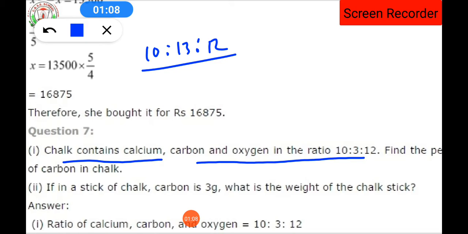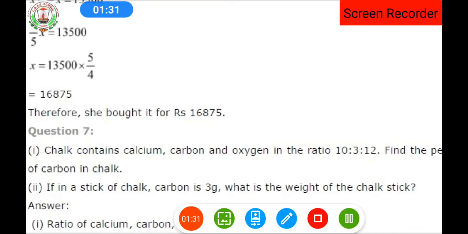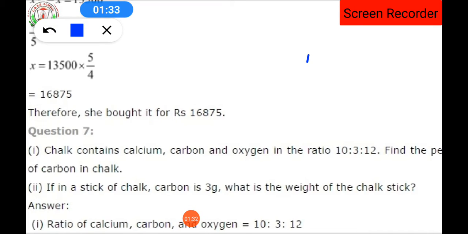So dear students, do you remember one of the questions from this exercise, where each part of the ratio we have to convert into the form of a percent? Suppose we are having 1:3. To convert each part of the ratio into a percent, we first add both parts, so the total is 4.